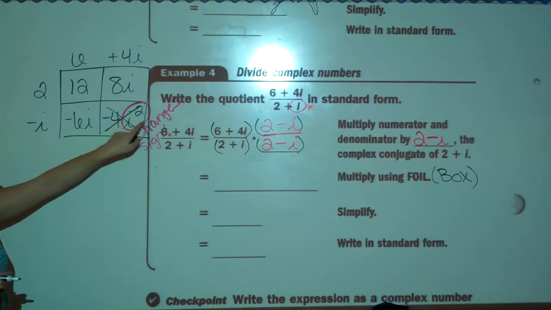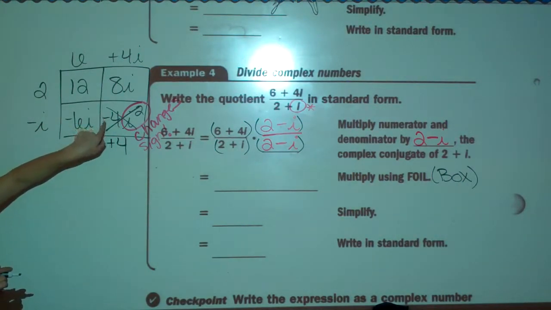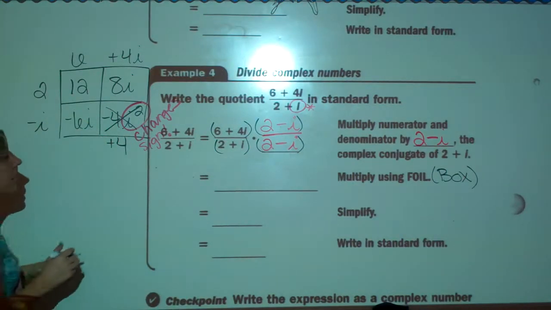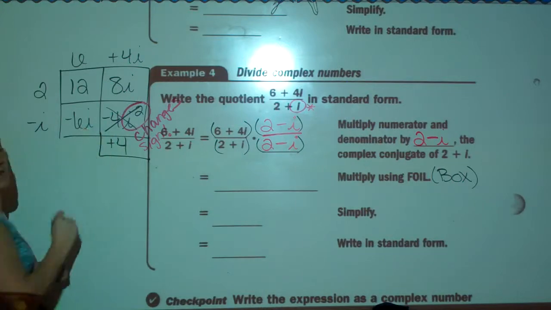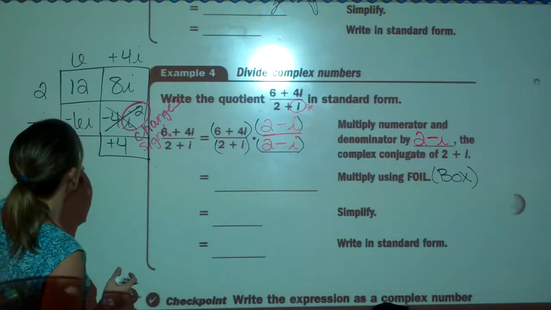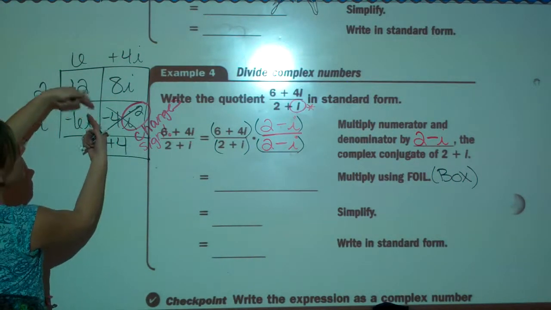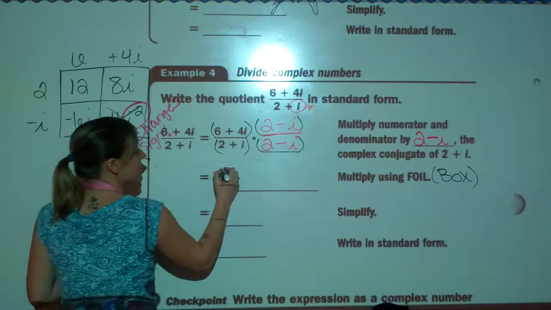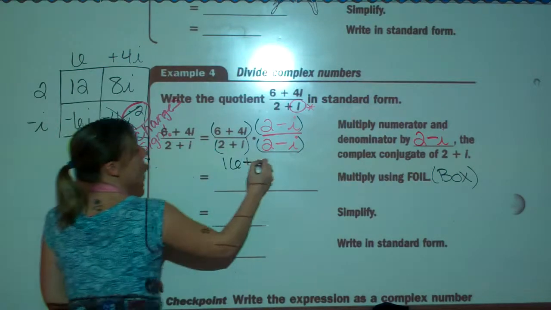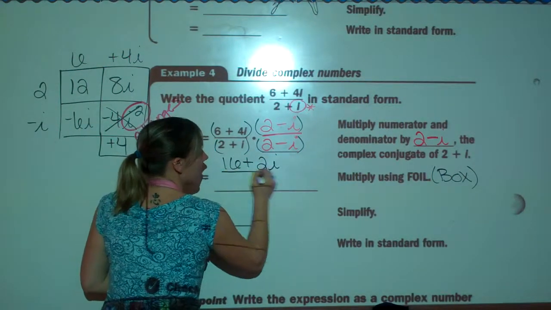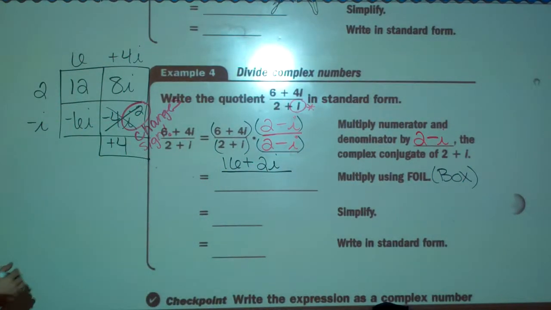So that I squared just changes that sign. If it's a minus here, it becomes a plus. If it's a plus here, it becomes a minus. So I'm going to use this when I combine. The numerator is just these two added, so 12 plus 4 is 16, plus negative 6 and positive 8 is a positive 2. So the numerator is that, okay?